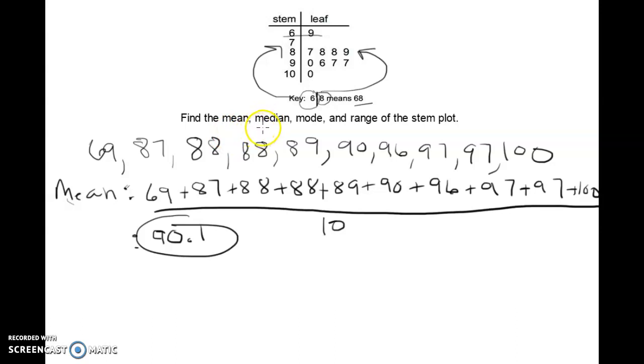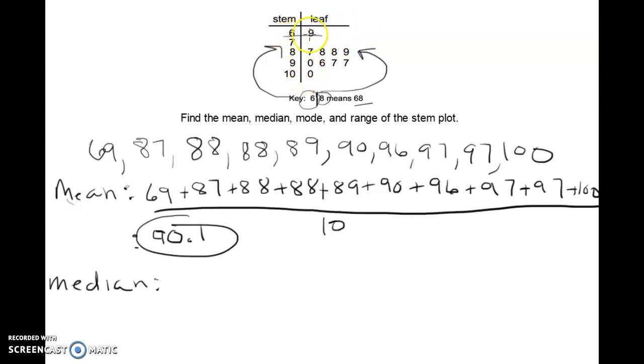Okay. The next one is our median. So to find the median, we are going to find the middle number. So since we've written this out, you could cross out and find the median the normal way that we do, but you also should be able to do it if you want to get to the point where you're not rewriting this out as a list. So remember, we're crossing off the smallest number and then the biggest number.